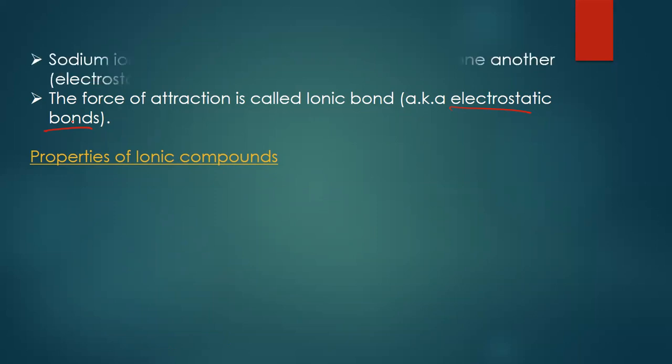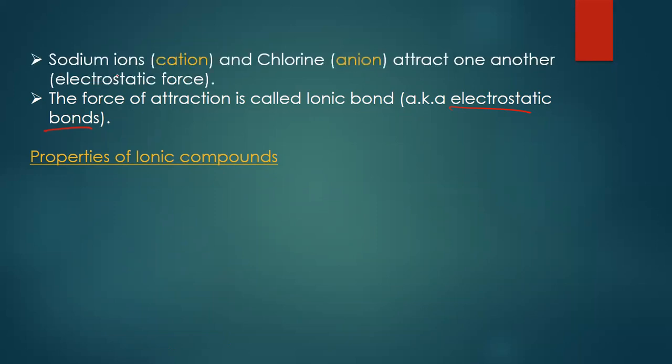Okay, so sodium, in this case, since it's a metal, is called a cation since it loses. So any atom that loses electrons in order to become stable is called a cation.